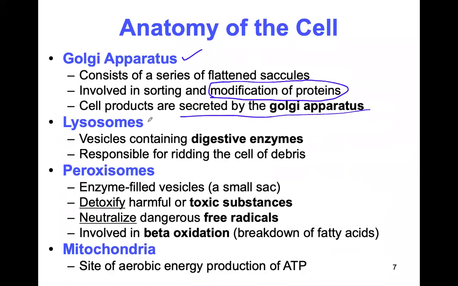The lysosomes. The lysosomes contain digestive enzymes. And if this is a lysosome right here, it's going to contain lots of hydrogen ions. So I'm going to put H+. So H+, these are hydrogens.